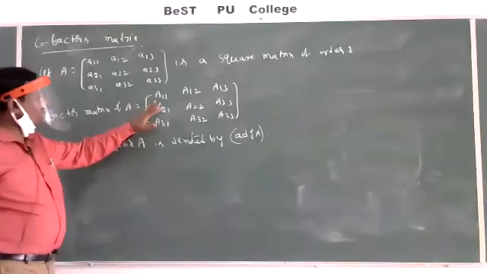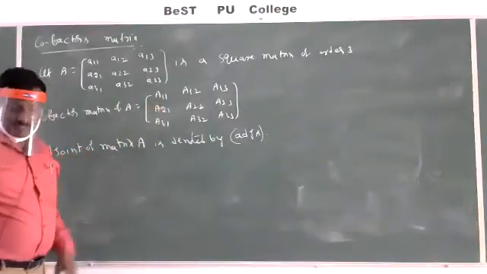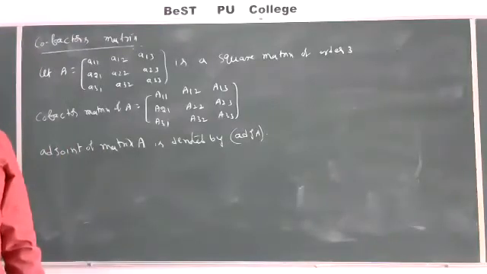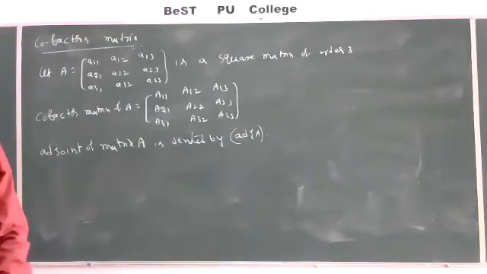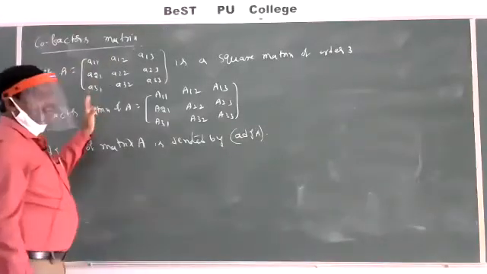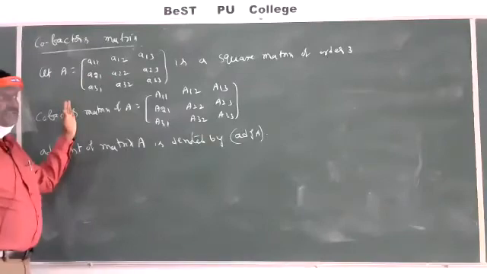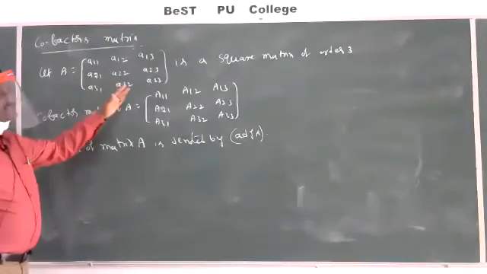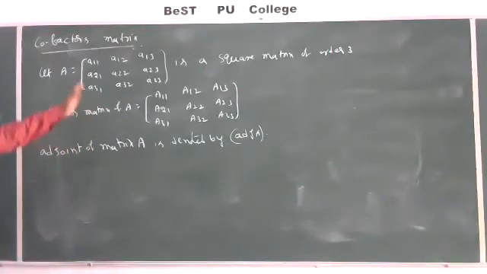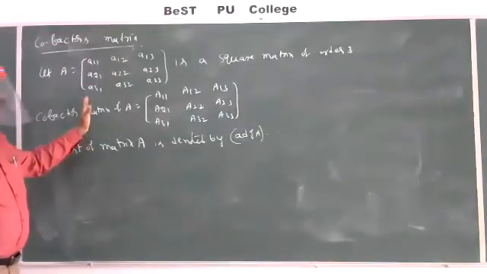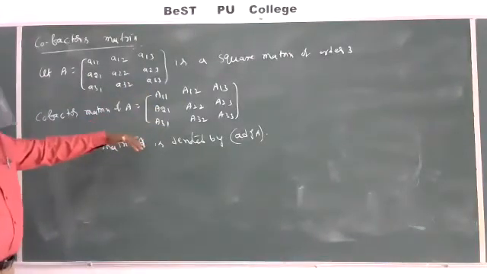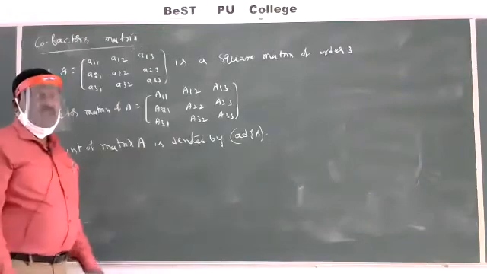Already we found the cofactors matrix, and already we know what is meant by the transpose of a matrix. If you interchange the rows and columns, or rows as columns and columns as rows, then that matrix is called the transpose of the given matrix.